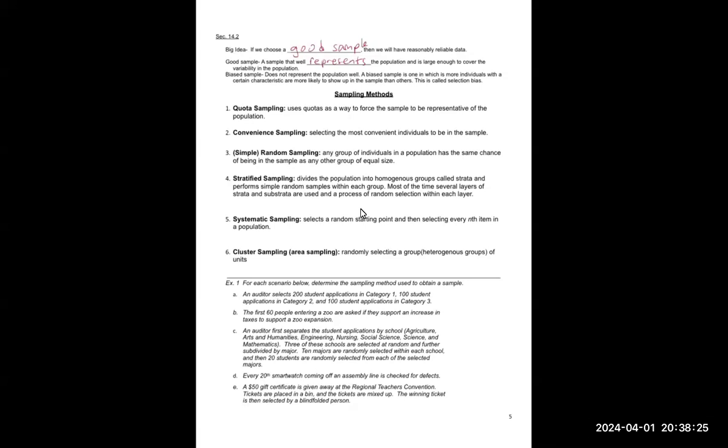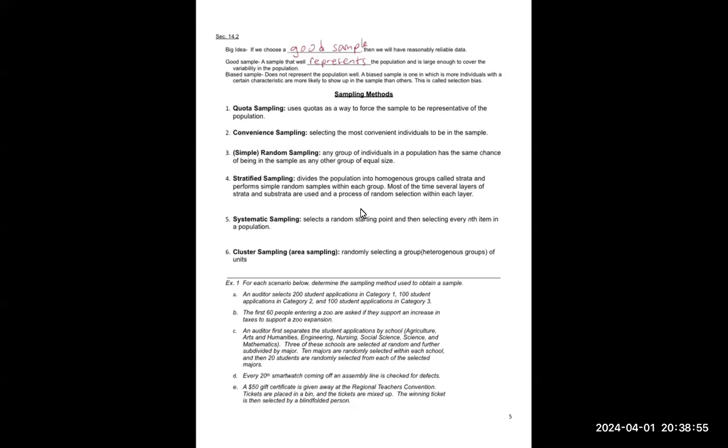So he would divide the people he was thinking about going to lunch with into those 3 groups: Democrats, Republicans, and independents. Then he would randomly pick maybe 3 people from each of those groups to have lunch with him, because he's assuming the Republicans are all kind of similar in mind and thinking, and the same with Democrats and independents.